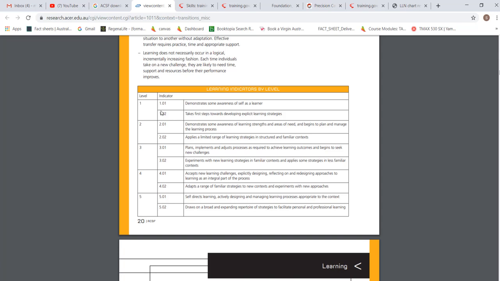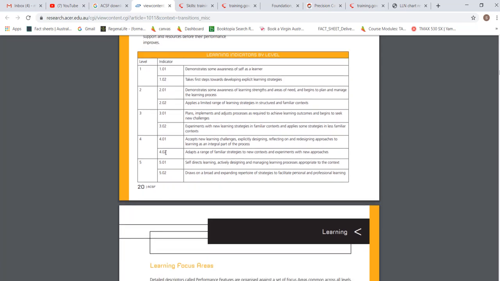Okay, so level 1 is made up of these indicators. These indicators relate to 2, these indicators, these indicators, these indicators. Okay. Now, for example, for a student to be a level 2, they must successfully get 2.01, 2.02, and of course, all of level 1. Okay. For a student to be a level 4, they need to get all of these numbers in these indicators.